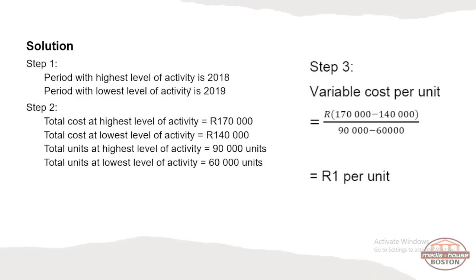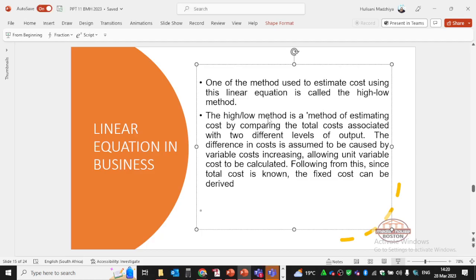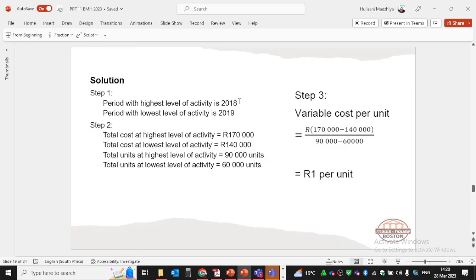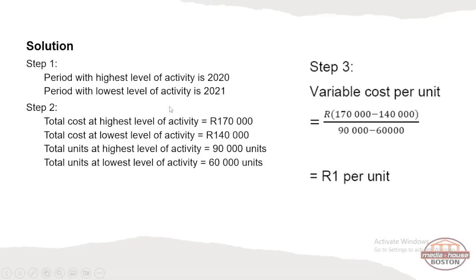Let me just quickly change this, I noticed that there is an error here. So that was step one, identifying the lowest activity and the highest activity.